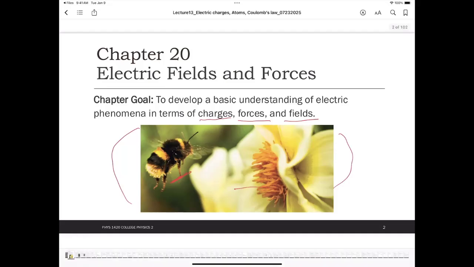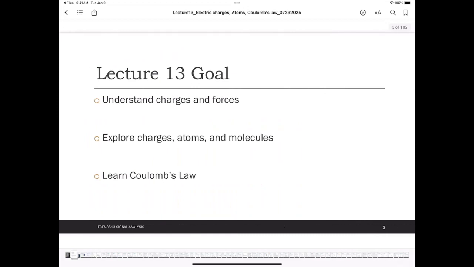Just remember, this chapter's goal is to develop a basic understanding of electric phenomena in terms of charges, forces, and fields. Let's talk about what these are exactly. Today's goal: firstly, let's understand charges and forces.